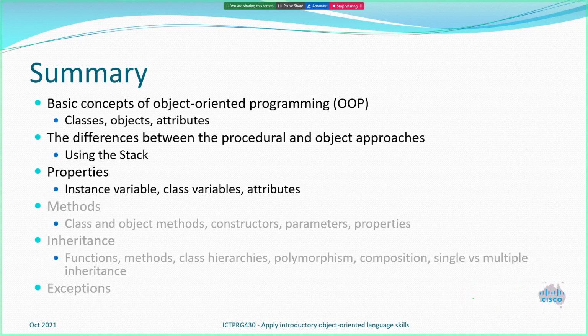So we went through the fact that classes exist and subclasses that generate objects from those, and that classes, objects, have attributes that we can control, and we went through some examples of how object orientated is different using the stack example.